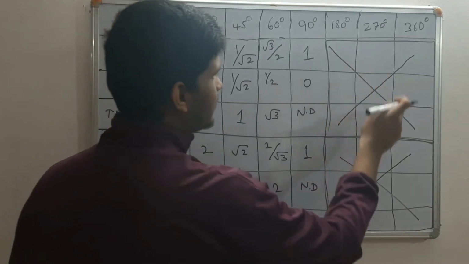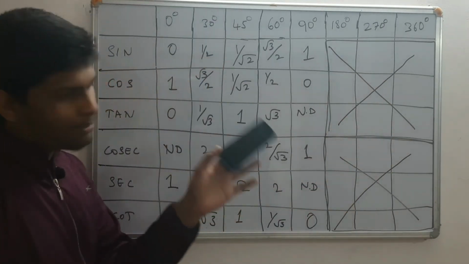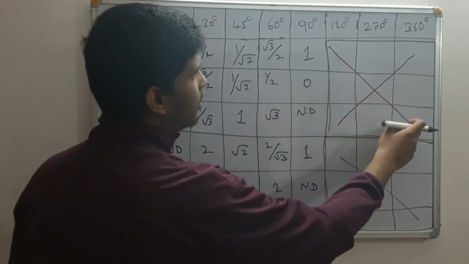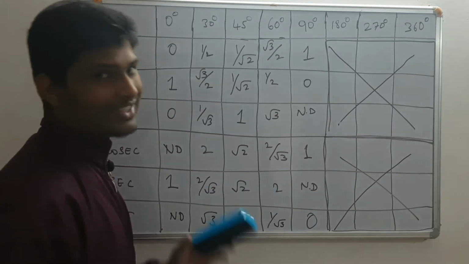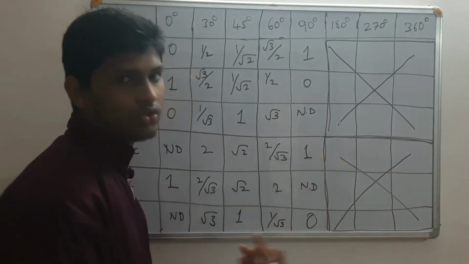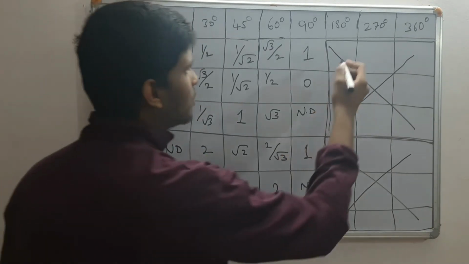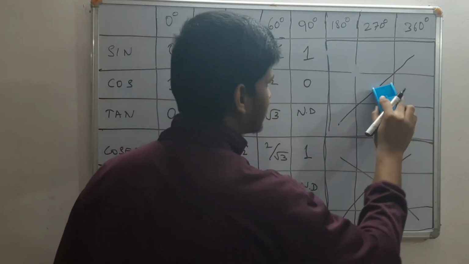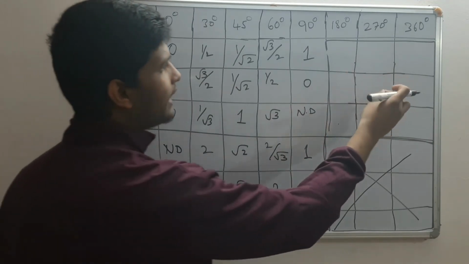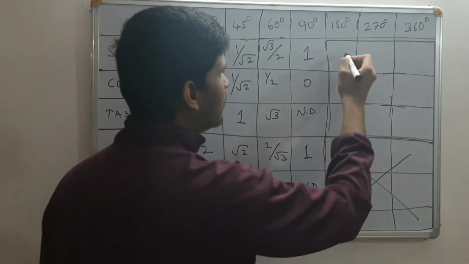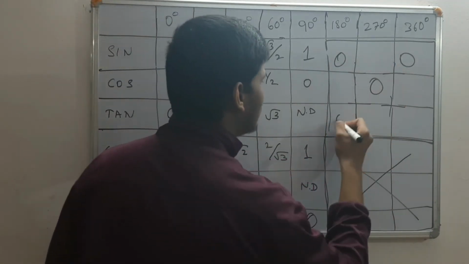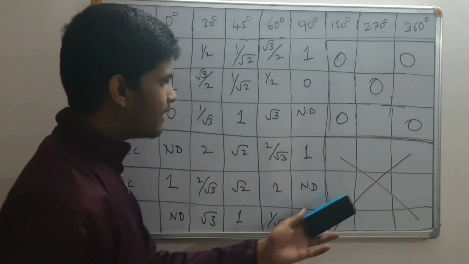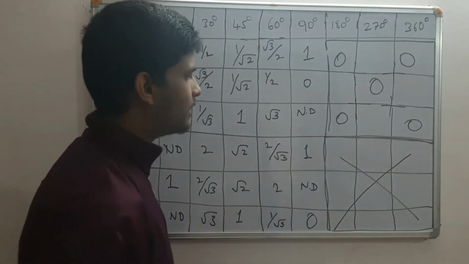So wherever the line is passing, at these boxes you just write 0. First you write 0, and for the other boxes you write everything not defined. So at the corners and at the center you should write 0, 0, 0, 0, 0 and 0. And here you should write not defined at the corners and at the center.